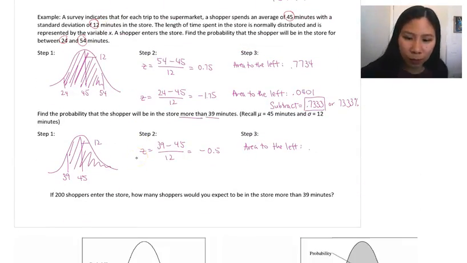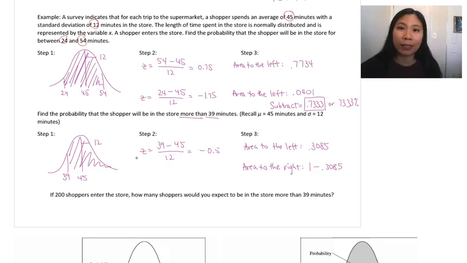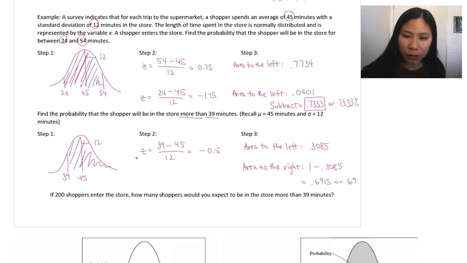So 0.3085, but we don't want the area to the left, so to find the area to the right, we have to subtract our number from 1. So 1 minus 0.3085, or if you want to think about it in terms of percentages, you're doing 100% minus the 30.85%. When we do that, we get 0.6915, or 69.15%.